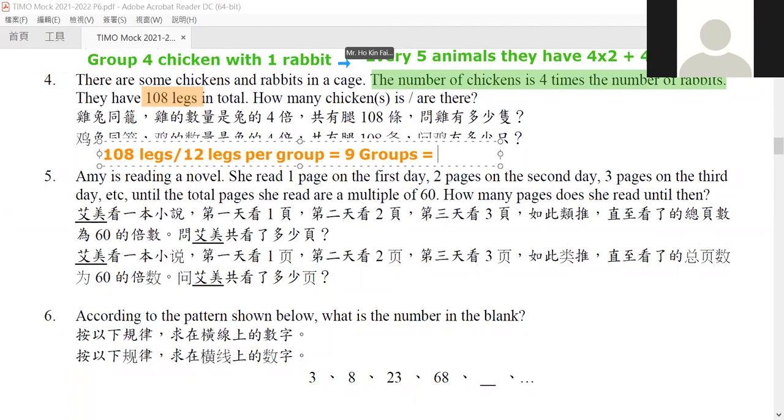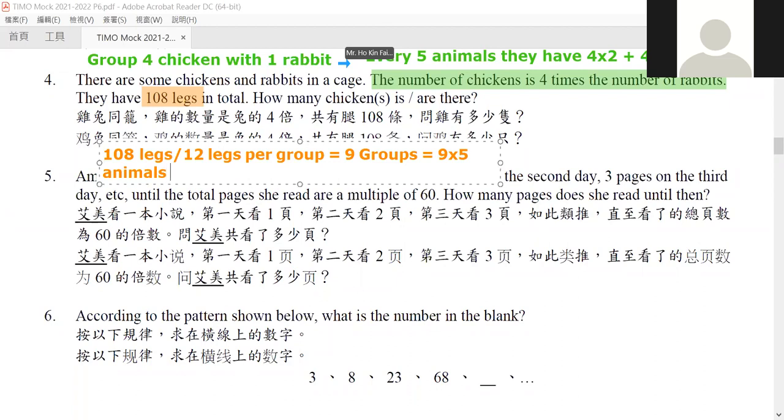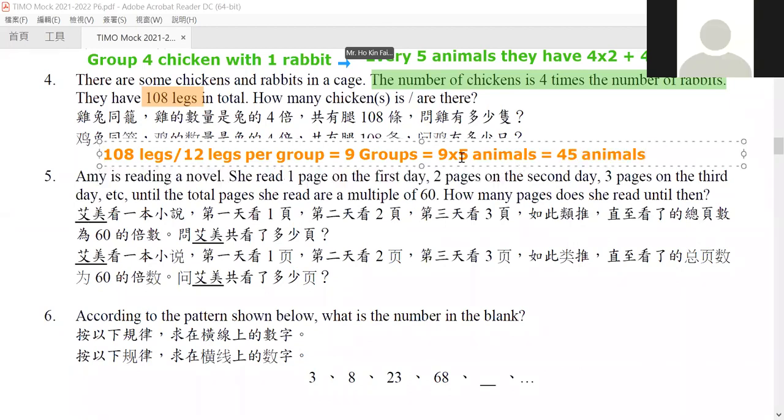It means it will have 9 times 5 animals, or in other words, 45 animals. Now, of course, here it does not ask for animals. Instead it asks for chickens. But every group has 4 chickens, so it will have 36 chickens. So 36 is our answer.